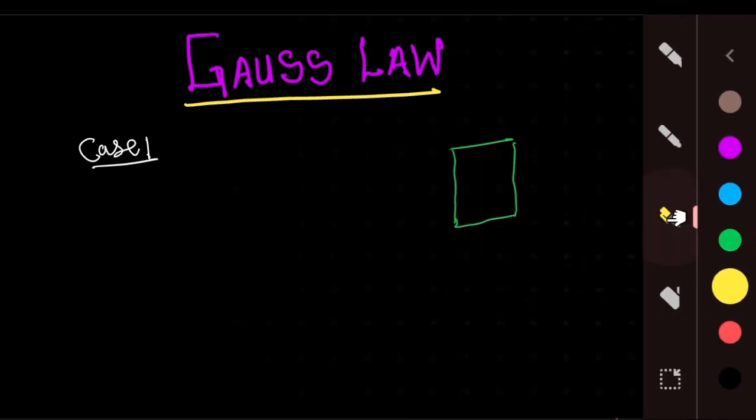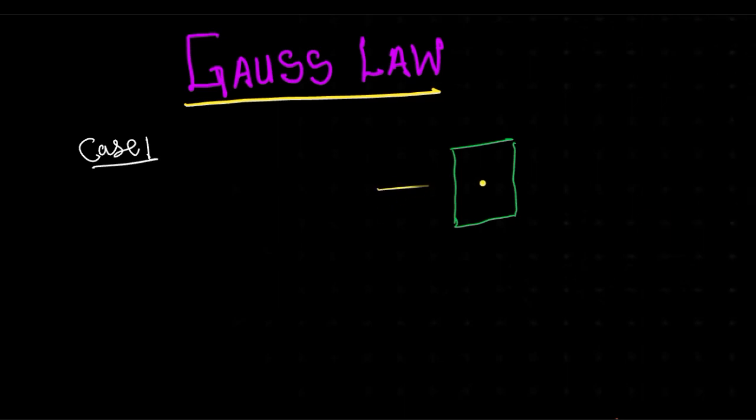On a normal, let's just take one line. It says that on a normal condition, the electric flux is supposed to be perpendicular to the surface.